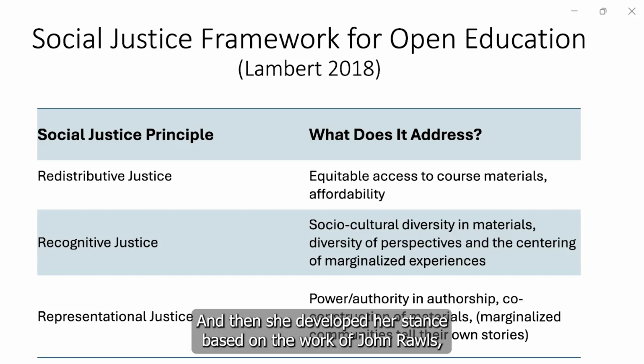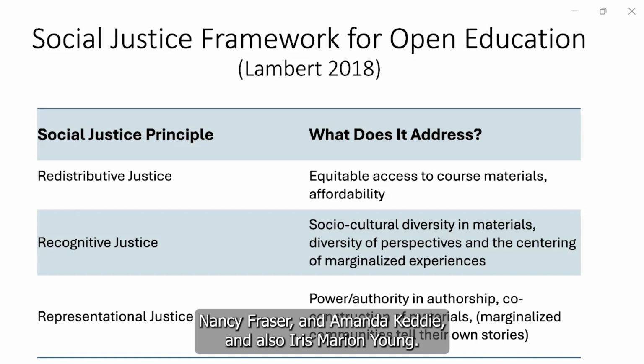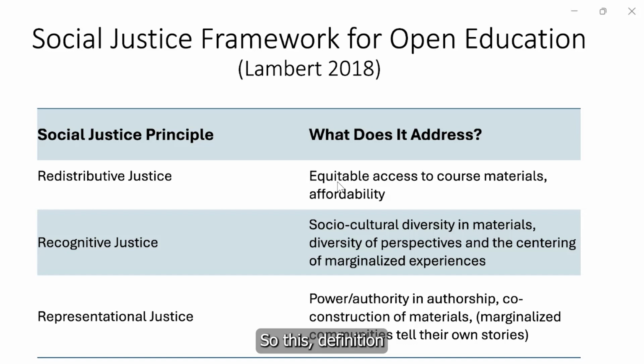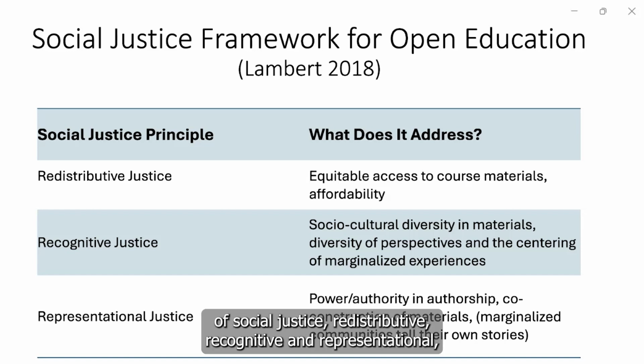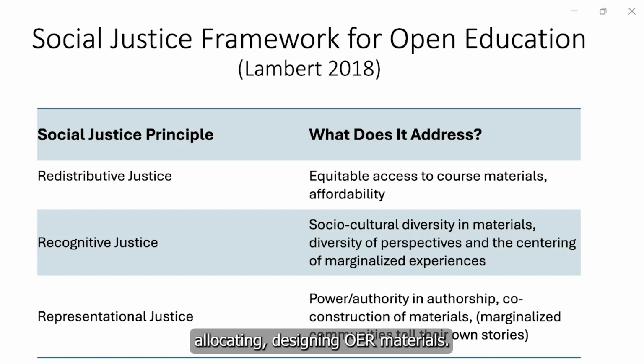And then she developed her stance based on the work of John Rawls, Nancy Fraser, Amanda Keddie, and also Iris Marion Young. So this definition of social justice, redistributive, recognitive, and representational, can be used as a framework as you're creating, allocating, and designing OER materials.